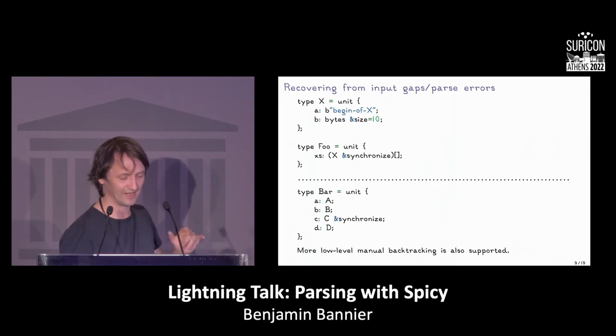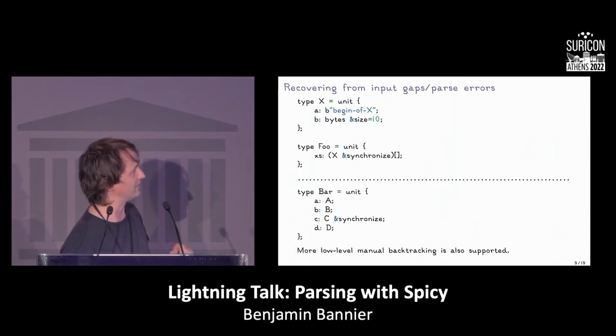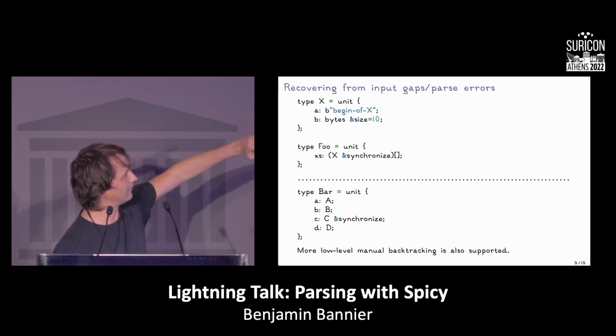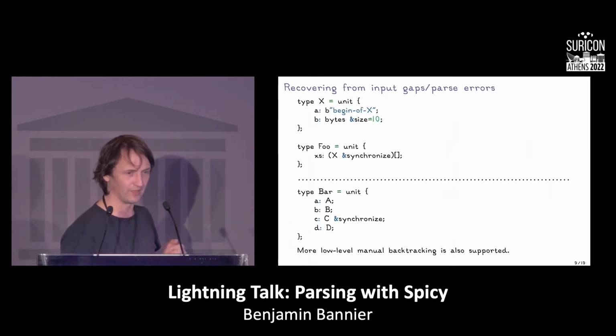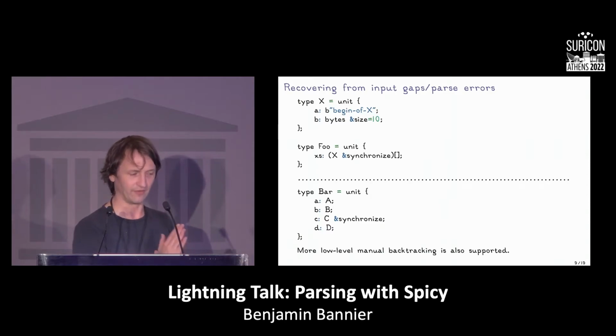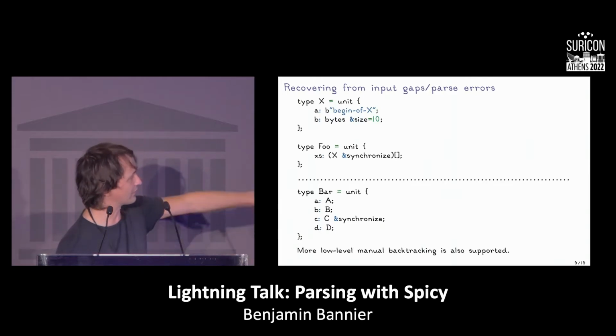But this x is annotated with the synchronize attribute, which means that Spicy will see that this unit always starts with a certain byte pattern. So we can actually resynchronize on that byte pattern again and pick up parsing automatically, right? We can also do that in a single unit.